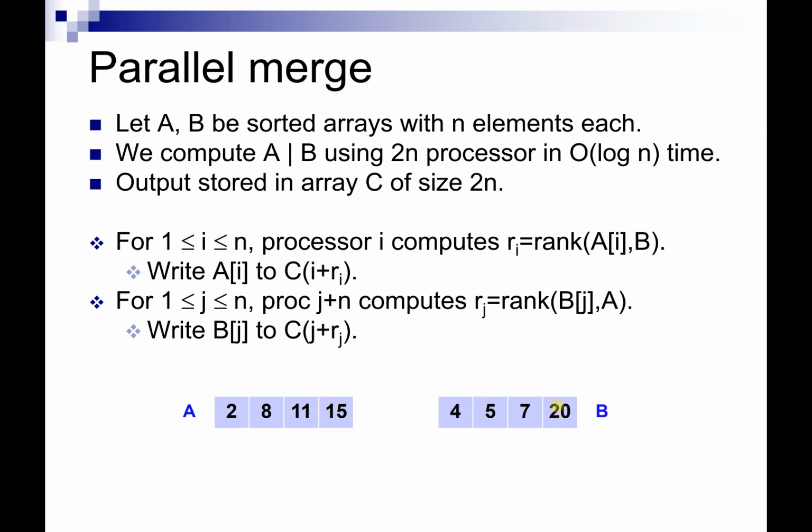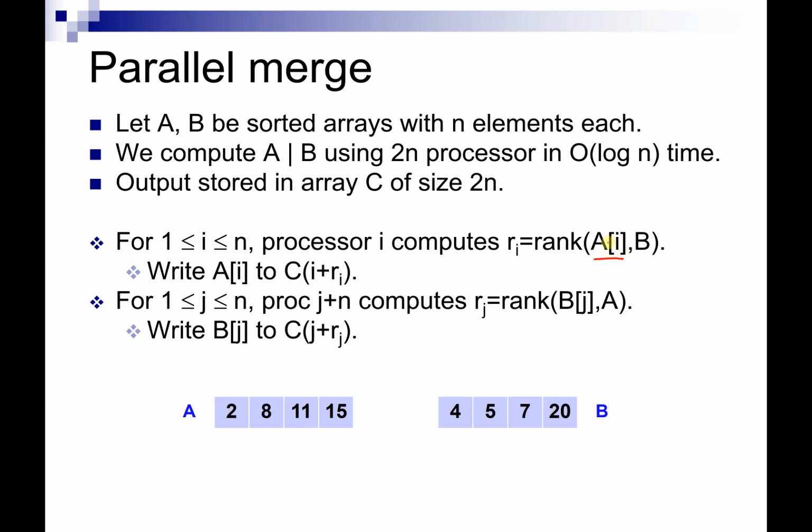The ith processor in the A list is going to take care of the ith value here, and it is just going to compute the rank of this value in A and in B. So we're going to take the ith value from A and compute its rank in A and in B.